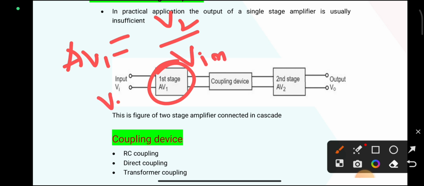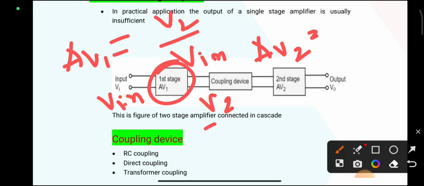So this is V in, input of the first stage, and this is V2, output of the first stage. Similarly, AV2 is the gain of the second stage amplifier. Here the input is nothing but the output of the first stage, V2, and the output is V out. So V out divided by V2.